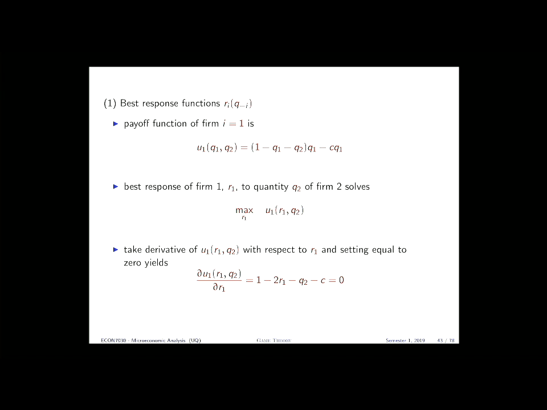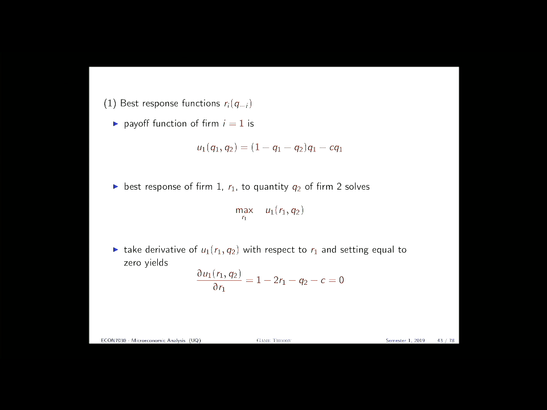Because it went through my maximization problem. So given any Q2, my choice of quantity, which is the result of this problem, is the best profit maximizing choice of me, okay? Now let's see how one could do it in this example that we just gave you.